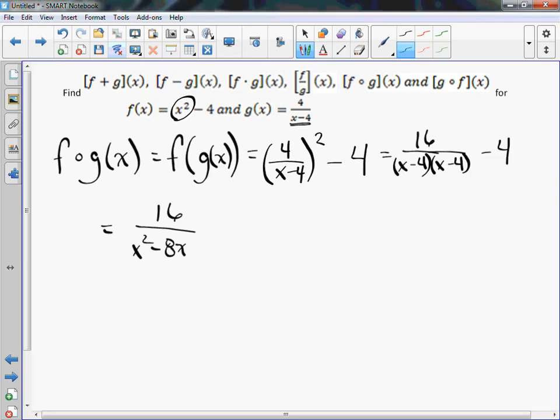We have the minus 4x here and minus 4x here. And the last, we have plus 16, minus 4 times minus 4. And then subtract 4 from that.